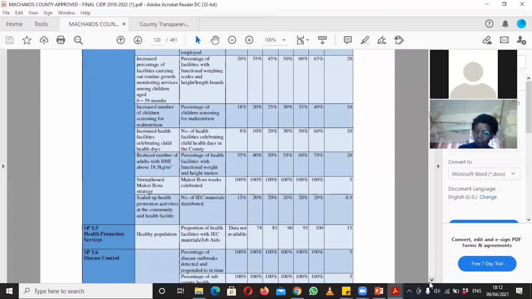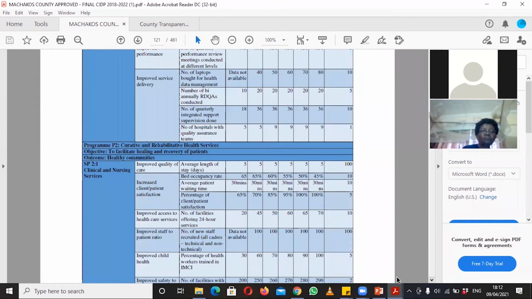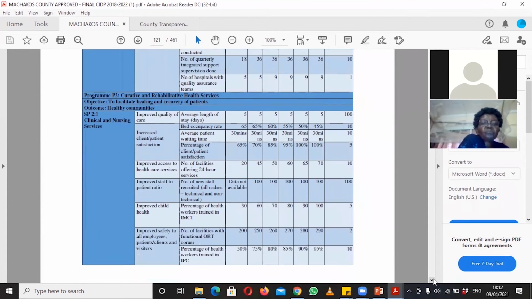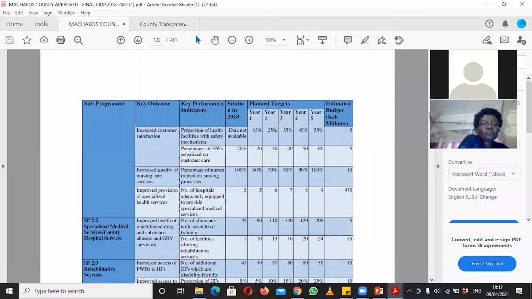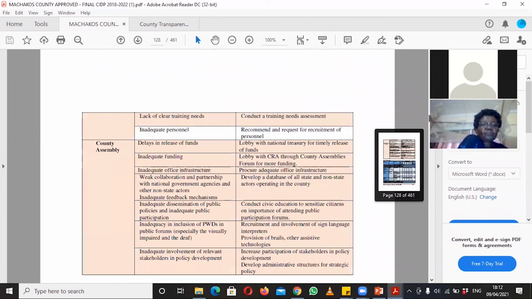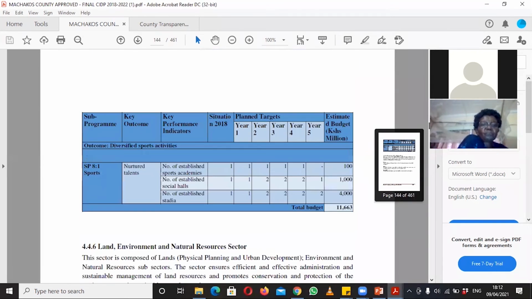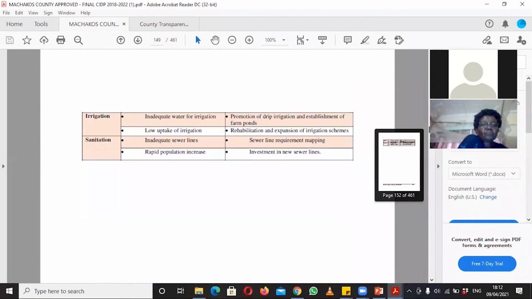So you find that that runs along a different budget. Now here there is the second program, curative and rehabilitative health services. So they are just repeating, for the different sectors.